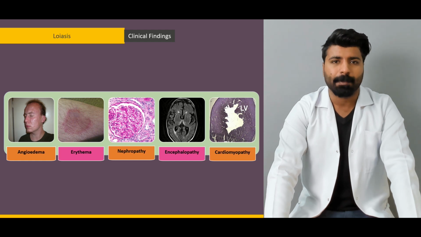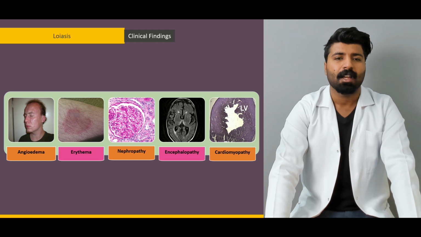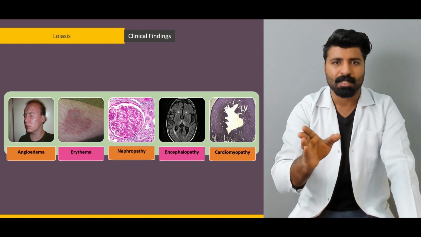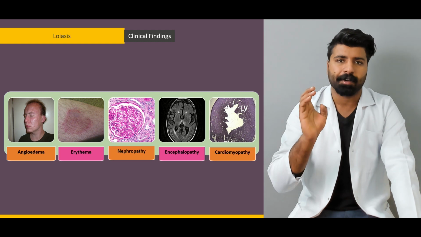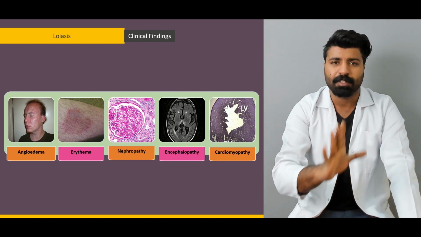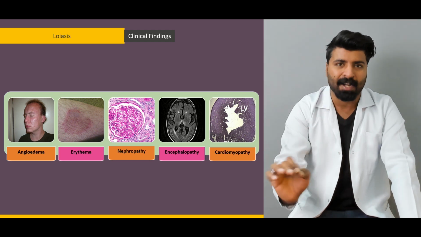So it can cause cardiomyopathy, encephalopathy, nephropathy, erythema, and angioedema. It can target multiple organs, as you can see: blood, heart, kidneys, blood vessels. All of these can be infected and affected at the same time.